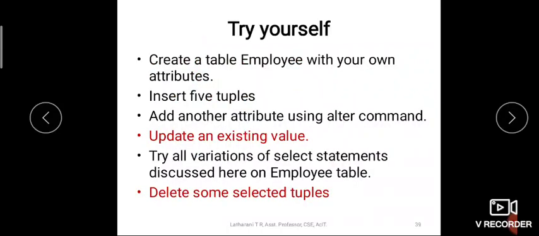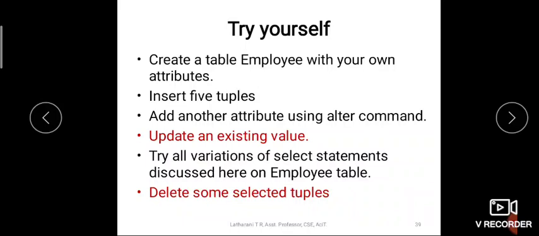After this there are some other queries which you can try yourself. You can create a table called employee with your own attributes. Insert 5 tuples, 5 rows. Tuples means rows. 5 rows means you enter 5 employee details using the insert statement. Then add another attribute using the alter command.